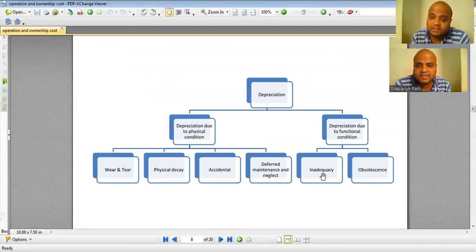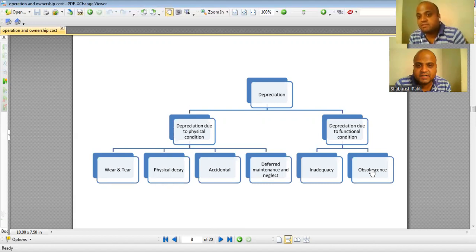If you look at these terms, inadequacy and obsolescence, they mean that when we purchase an equipment, generally we purchase it so that it can perform for 10 years or 20 years. Suppose I purchased an equipment almost 5 years back, and I thought the lifespan of the equipment was 10 years.